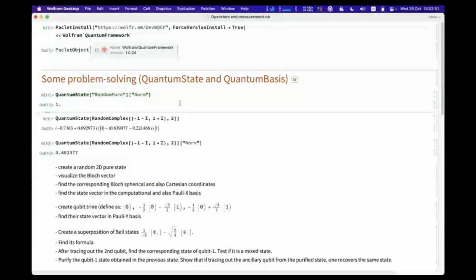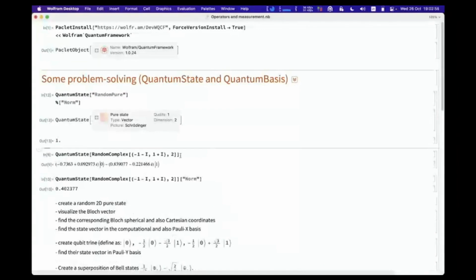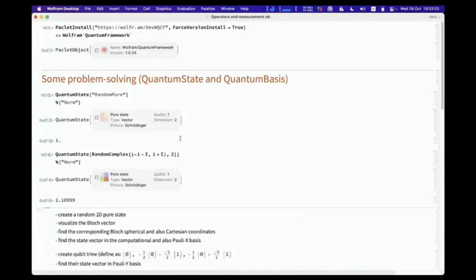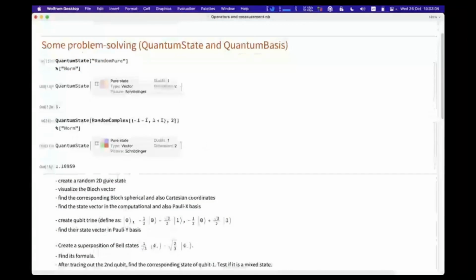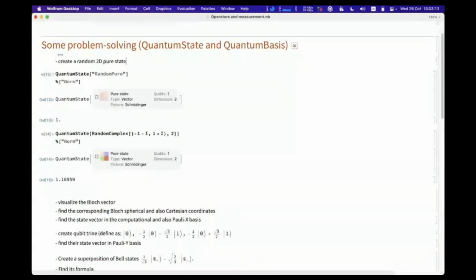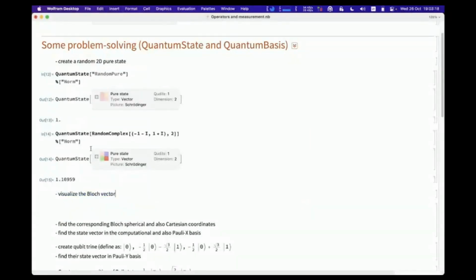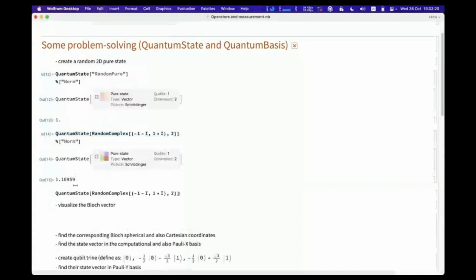As you can see, Nick is showing you the normalization factor, but the built-in returns a normalized state. So both ways you can create a pure state. The main benefit of using random pure is that you can easily generalize it to any dimension, increasing the number of states, whatever you want to do.